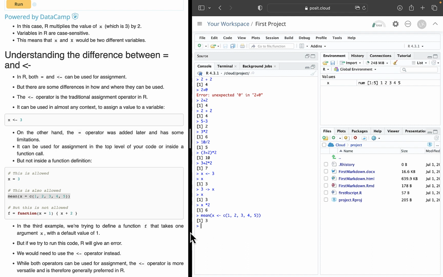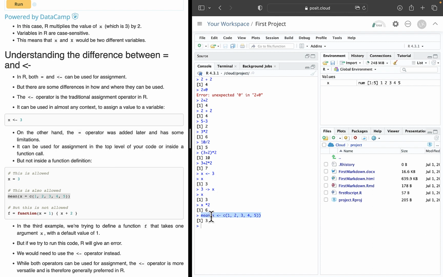So I got the mean. So 1, 2, 3, 4, 5. The average of 1, 2, 3, 4, 5 is 3. And so that worked. But you can also see I've got a value here in the global environment called X. So really what happened here was 2 things. We just put 2 bits together.